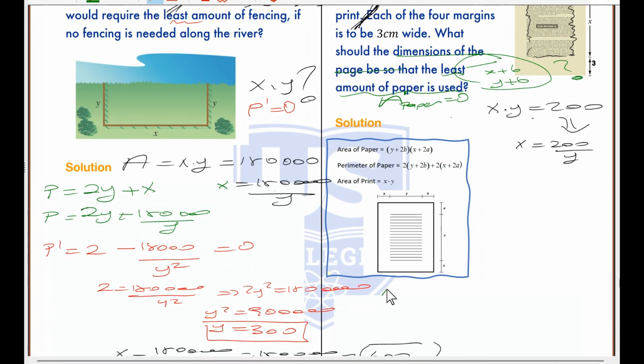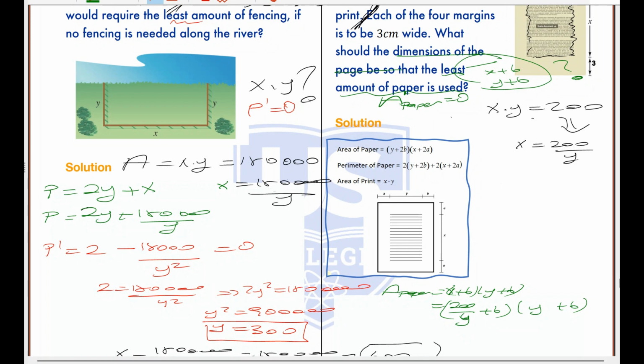Area of paper is x plus 6 times y plus 6. So in this equation, x will be 200 over y plus 6, and y is y plus 6. So that's the area.